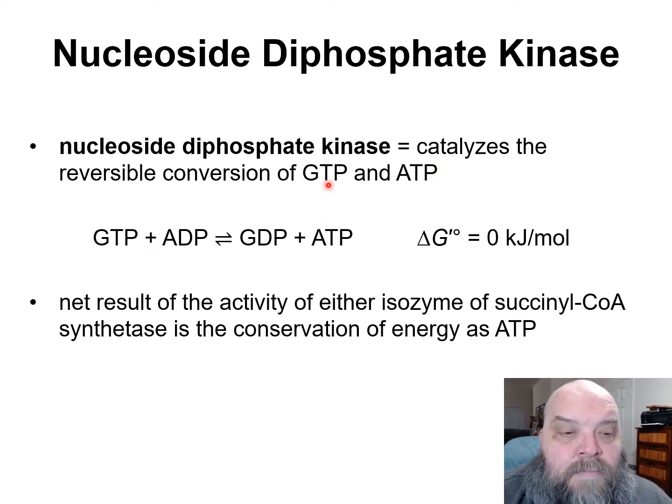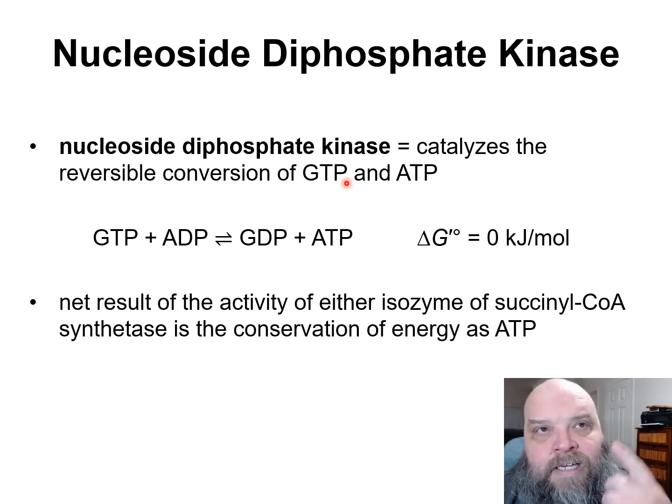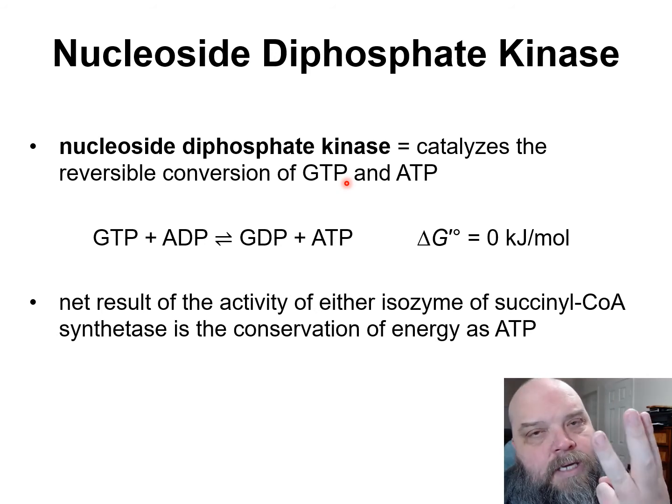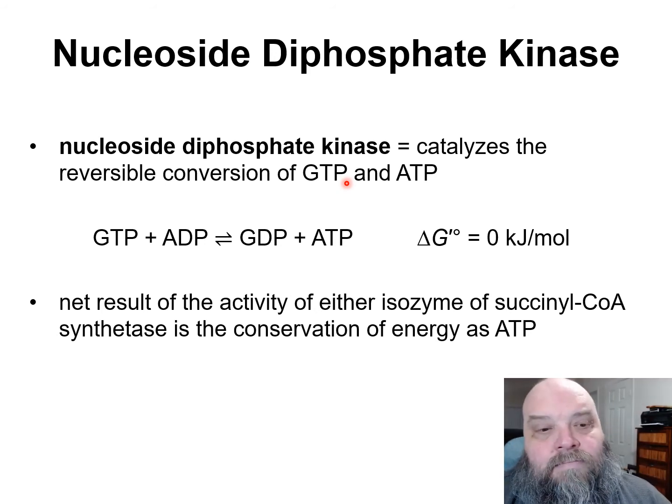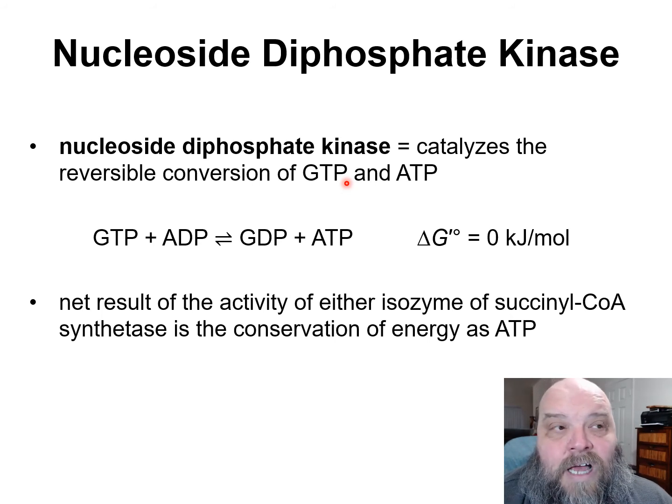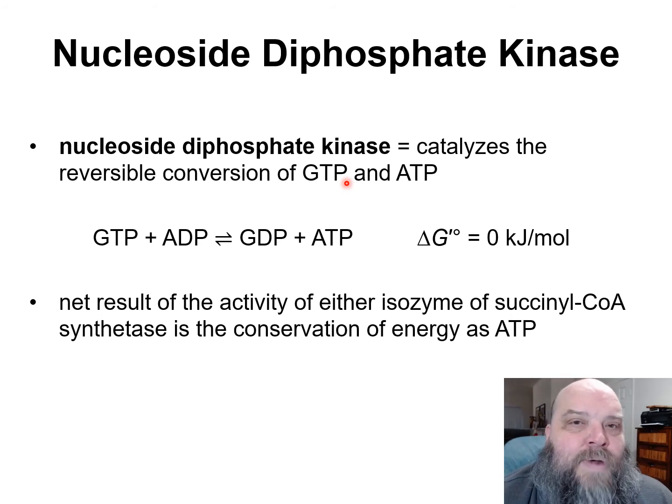But the thing is, TTP, UTP, CTP, even the GTP to an extent, are not readily usable throughout the cell. There are a few enzymatic reactions that use the G-triphosphate version as the energy for the reaction or the activation, but those are very few.